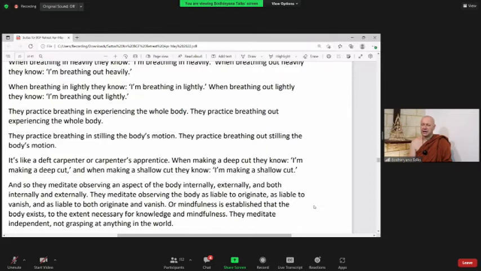And it fits much better when it comes to the 31 parts of the body, because with the 31 parts of the body, your body is like this, other bodies are like that. You can infer that because you know your own body, you know the bodies of others. So with the 31 parts of the body, internal, external makes good sense. With the breath, it makes much less sense.